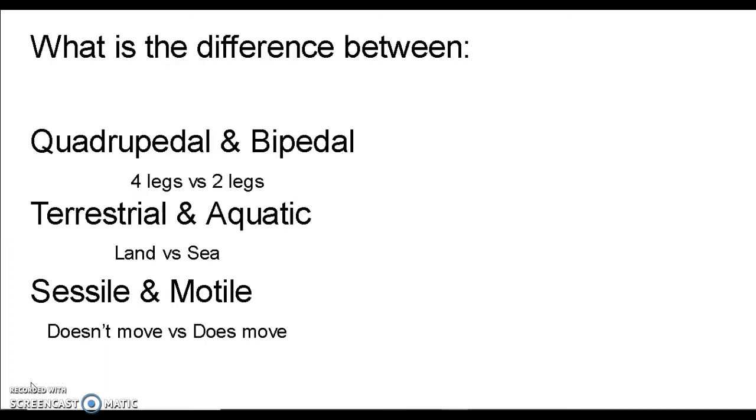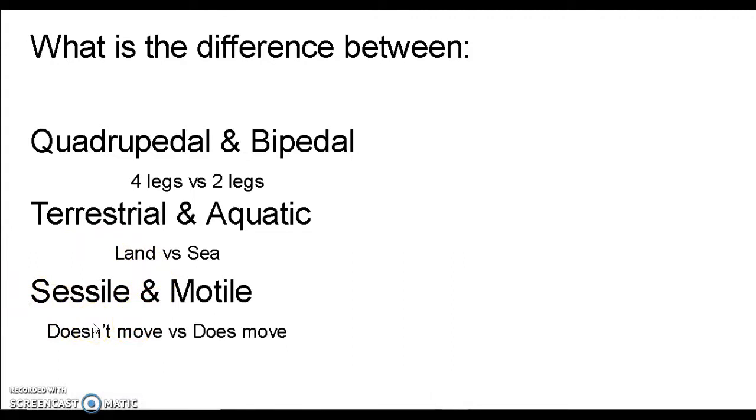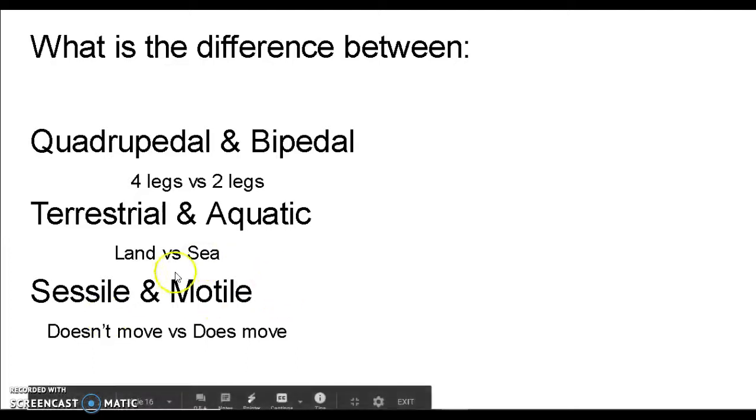Animals that don't move are sessile. Another word for this, maybe help you remember what this word means, is sedentary, or sits and does nothing. Like if you live a sedentary lifestyle, you just sit on the couch all day. Versus motile. Motile is movement.